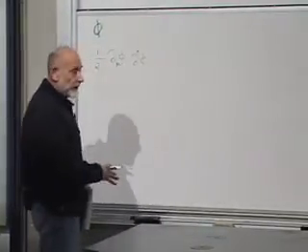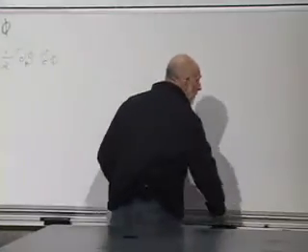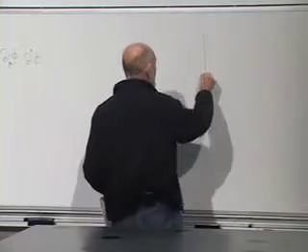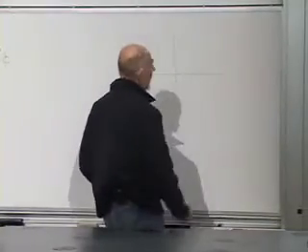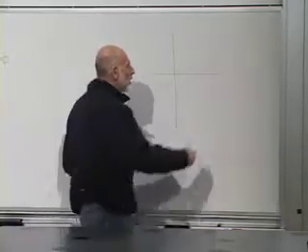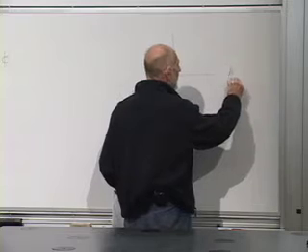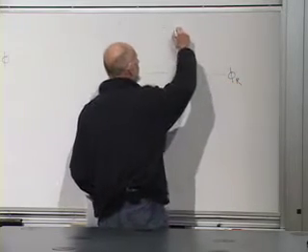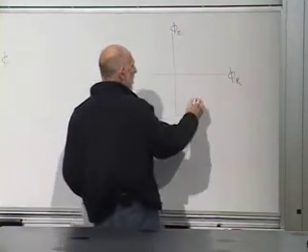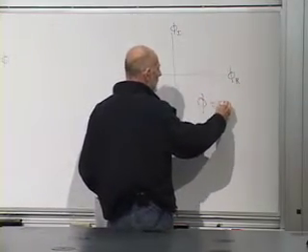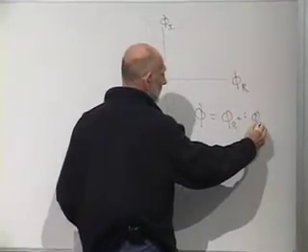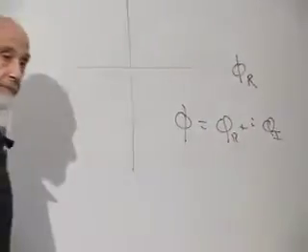Instead of having a value on the real axis, it can take on any value in the two-dimensional plane. The plane is the plane of the real value of phi and the imaginary value of phi. The complex field phi is phi real plus i times phi imaginary, and we'll just call it phi.